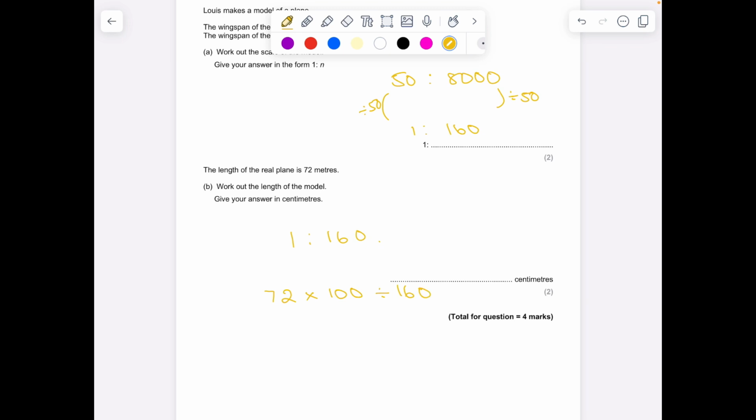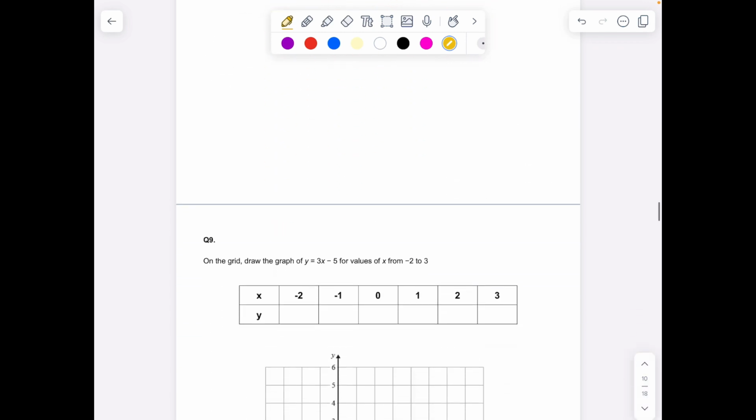Okay, so there are lots of different ways we can do this. You should get 45 centimeters as the correct answer. You could even use the original, so you could do 72 divided by 80 and then times by 50 to still give you 45 centimeters. So that gives you 45 centimetres.